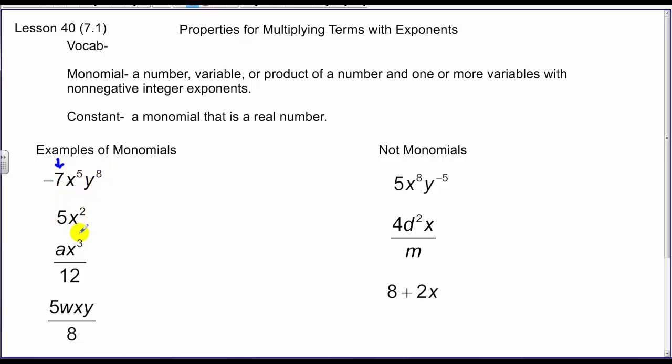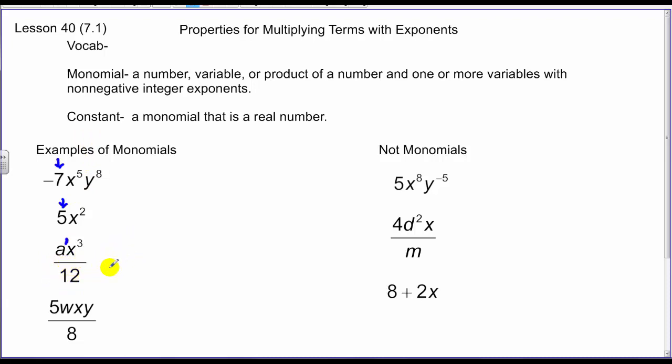The exponents, however, do. We have 5x squared. There's your constant of 5, positive exponent. In this case, we have positive exponents, 1 and 3, with a positive coefficient or positive constant in front.